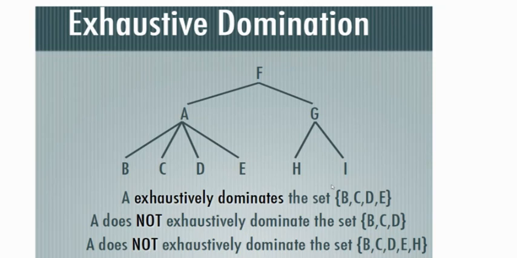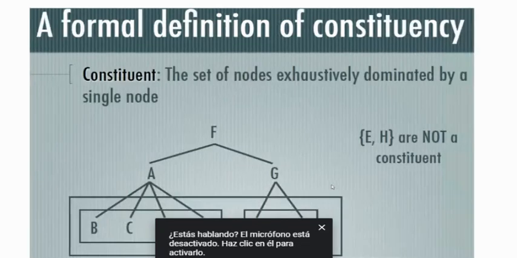And if we add another one, J, then the other non-terminal node is going to be J. Okay, now I understand. Thank you. And the terminal nodes under that one that you added are not exhaustively dominated by any of the other nodes, A or G. That is the formal definition of constituents.